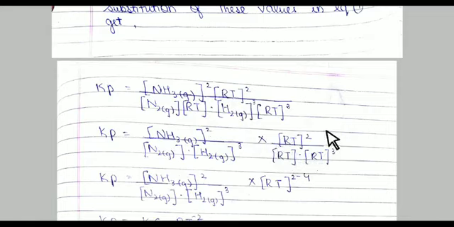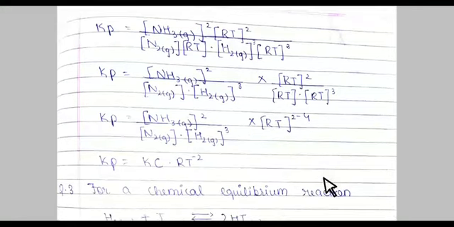There are 4 RT in the denominator and 2 RT in the numerator. Whenever the denominator value goes to the numerator, the sign changes to minus. Total RT is 4, and when it goes to the numerator, it becomes 2 minus 4, which is minus 2. Here RT squared is separated, RT is separated, RT cubed is separated. So what is remaining here?